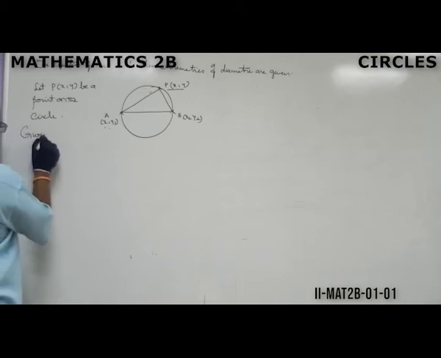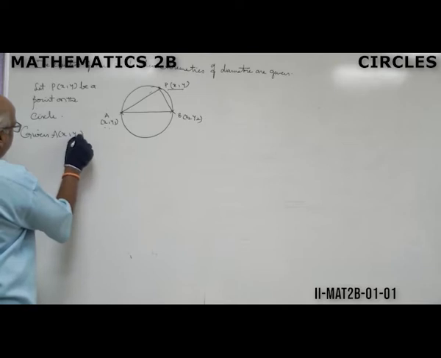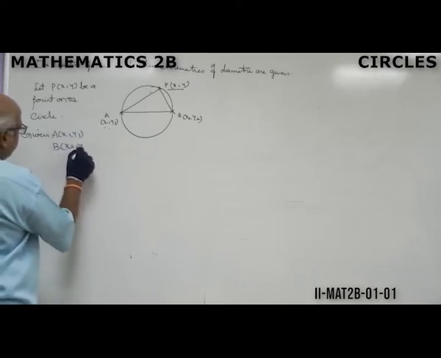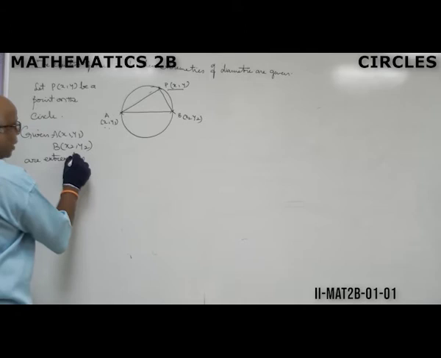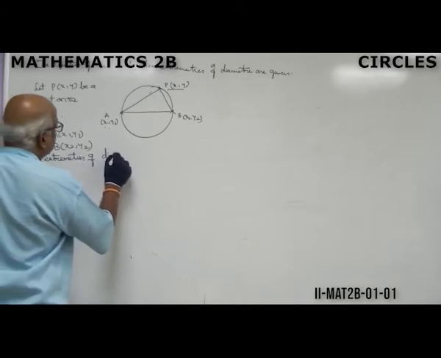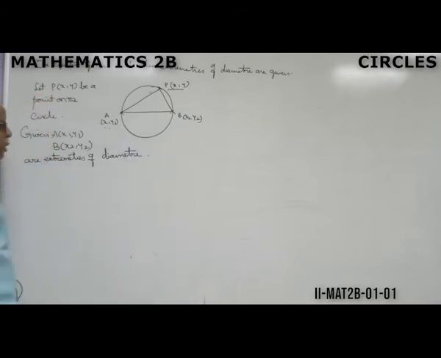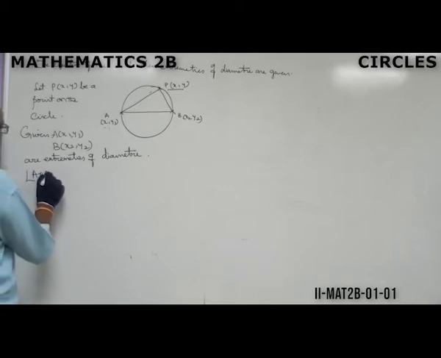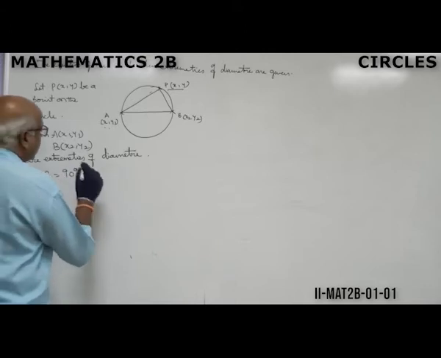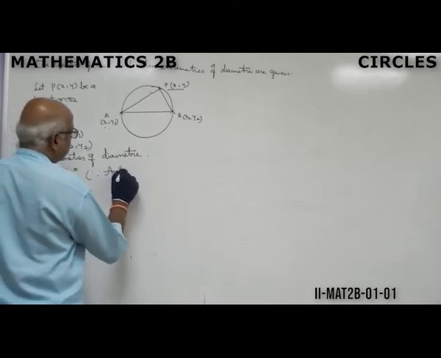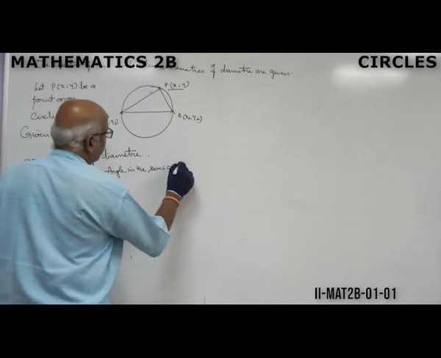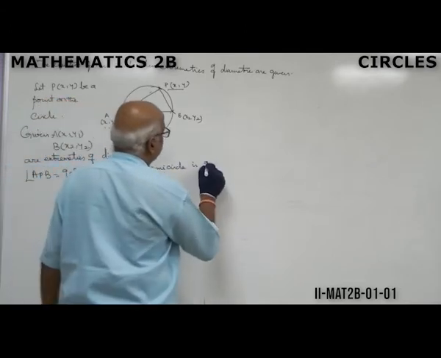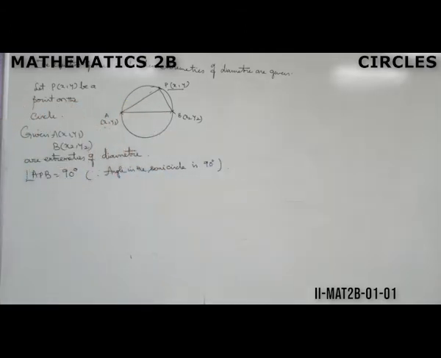Given that A(x1, y1) and B(x2, y2) are extremities of the diameter, angle APB equals 90 degrees, because the angle in a semicircle is 90 degrees, which is a well-known theorem from your earlier classes.